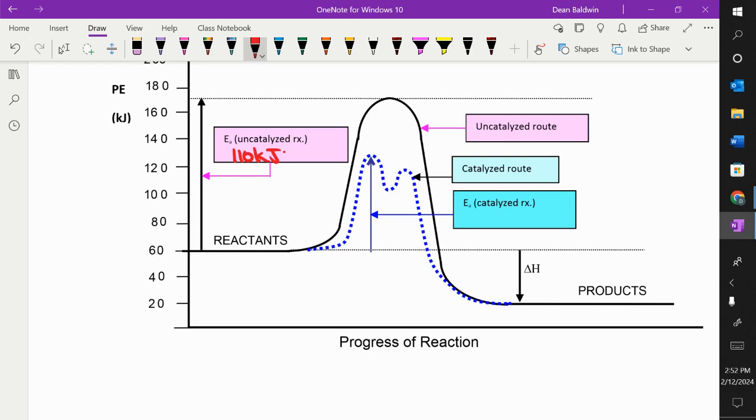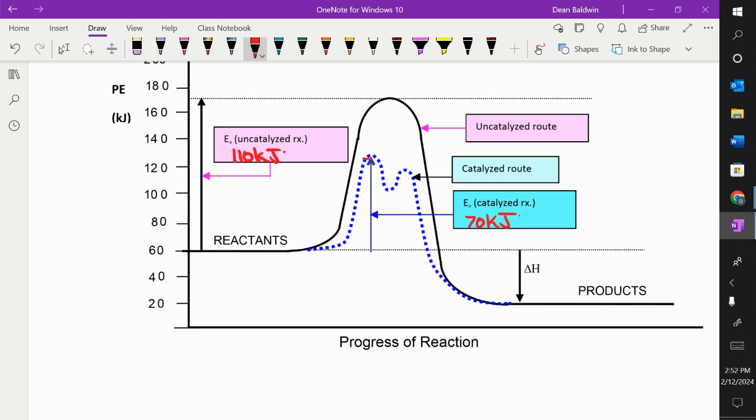You add a catalyst, it'll increase the number of steps. That's why we have a couple bumps here. But each one of those steps has a lower activation energy. Okay? So when you add the catalyst, the activation energy changes from 110 to, I'll call that 130 minus 60, so 70 kilojoules. Okay?